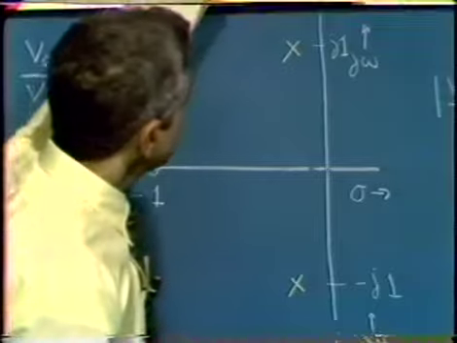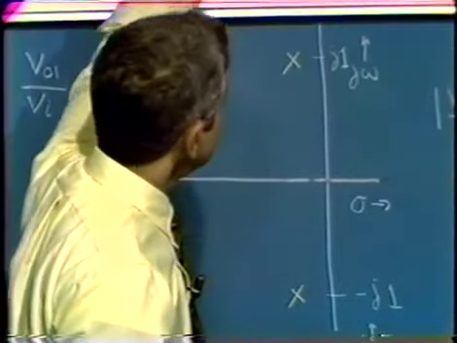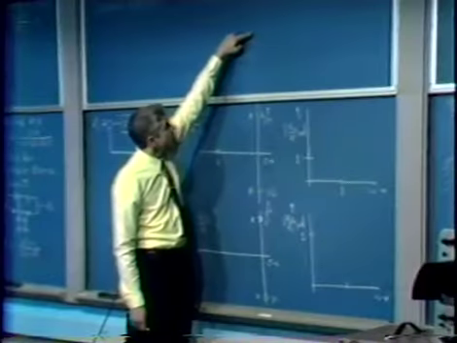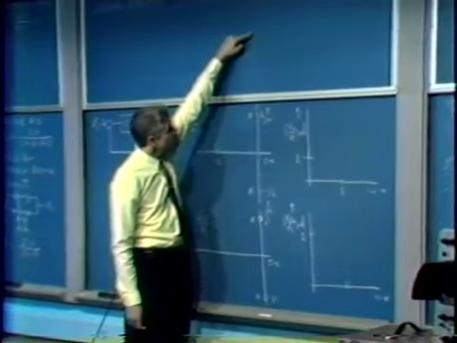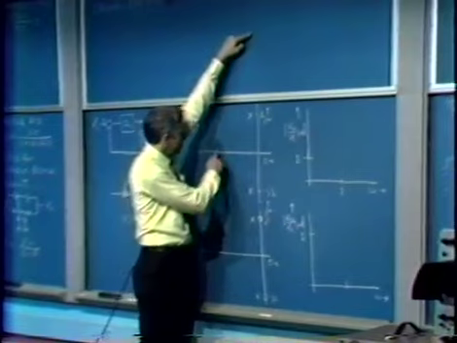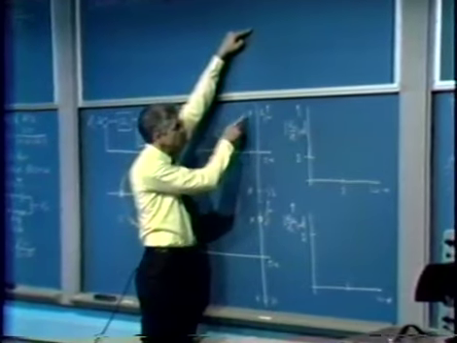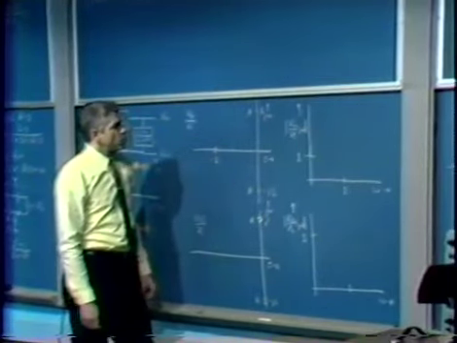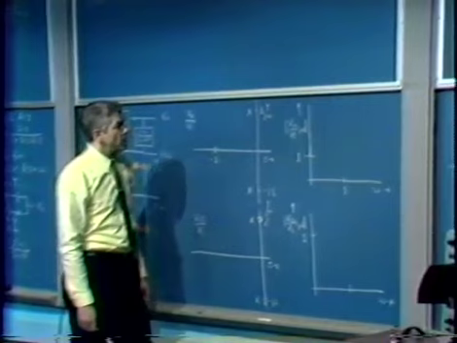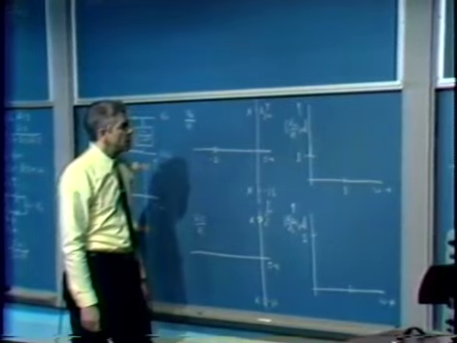Similarly, for very large values of frequency, again, move out along the imaginary axis to evaluate sinusoidal steady state response. Again, the lengths of the vectors from the poles and zeros just about cancel. And so the response of this system for both DC and for high frequencies is the same.